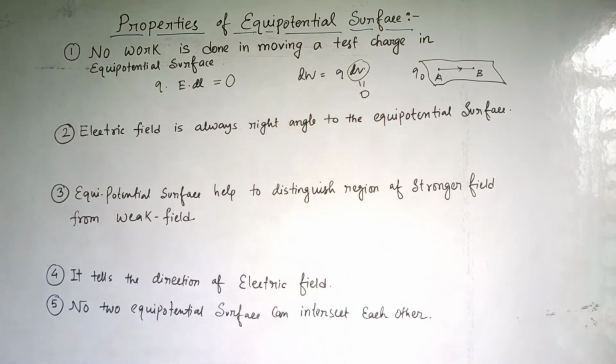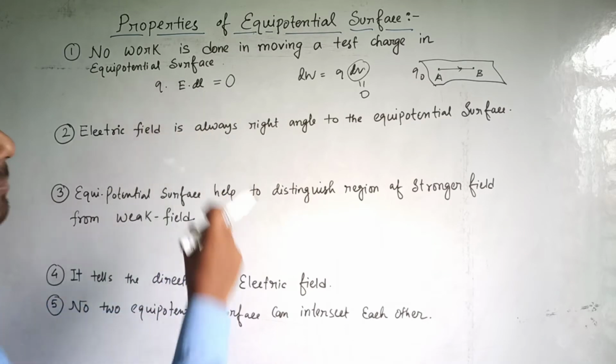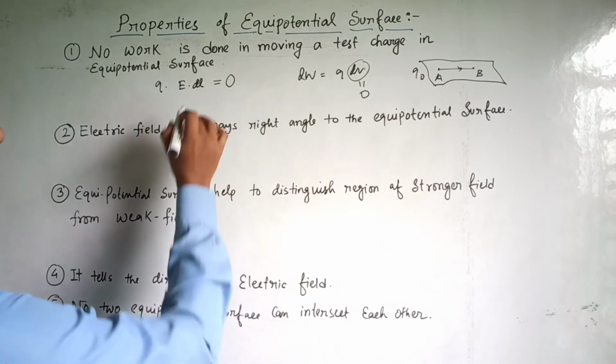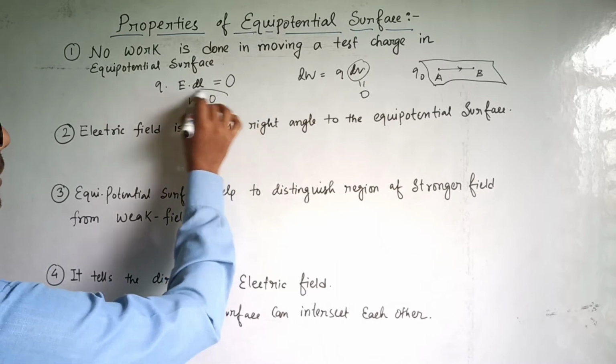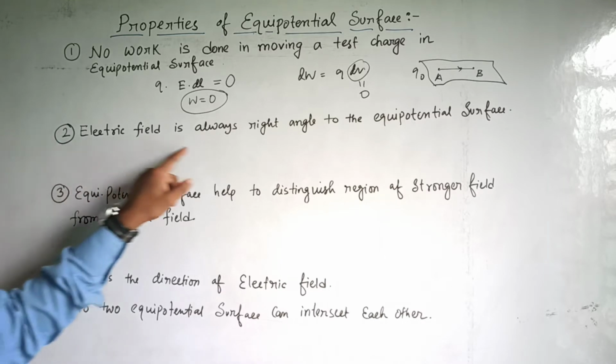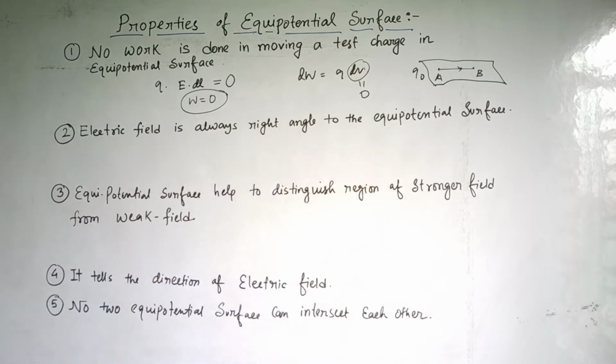As a result, since we know that E dot dl means dV, E dot dl is equal to 0. That means the work done will be 0 here.